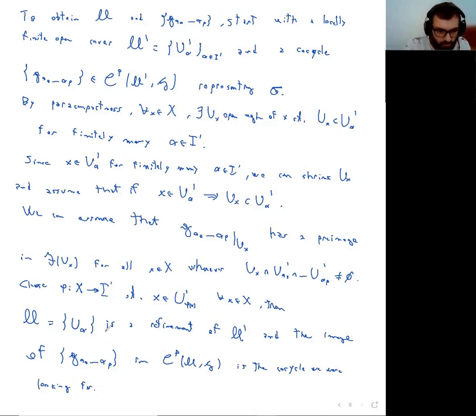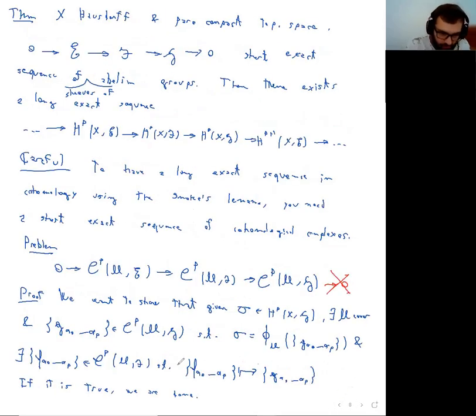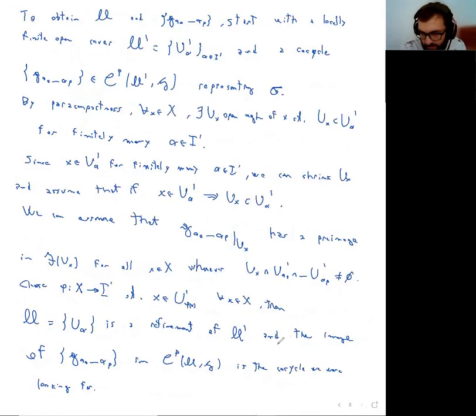Why is this? Well, because we know that once we restrict to this U alpha prime, to this U_x, then this element here, so the image of g alpha beta in C^p(U, G), has a preimage. Okay, and so that's exactly what we were looking for. So now we have this cover U and we have this element g alpha beta, which has a preimage in F, and therefore we're done.